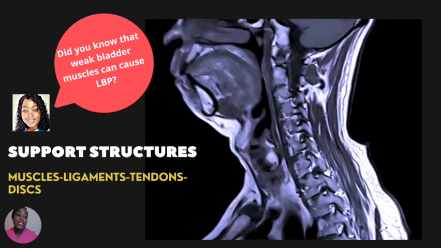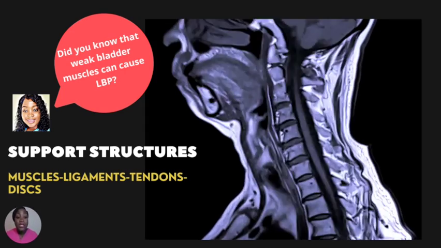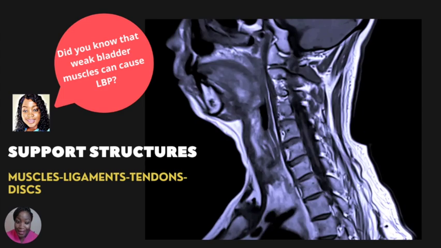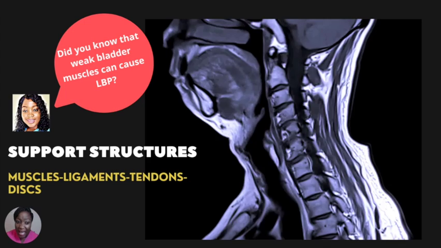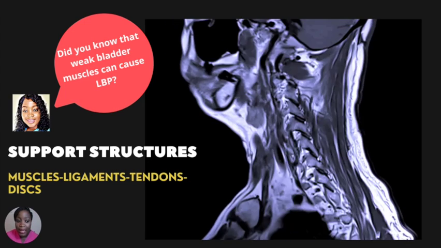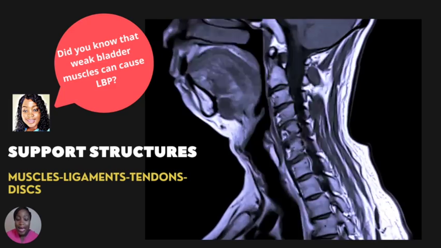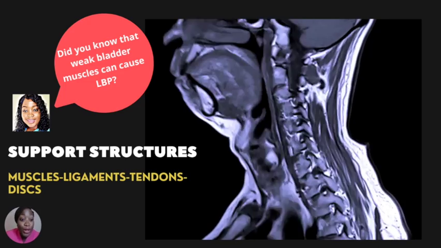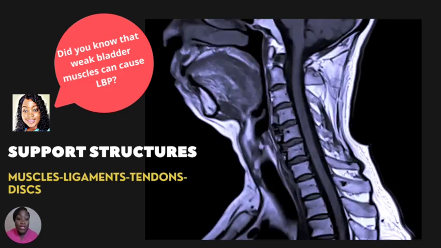There are many different structures that help to support the back, such as muscles, and it's not always just the muscles around the back. Did you know that weak bladder muscles can affect lower back pain? That's just to give you an idea of how interconnected the body is, and how many different types of muscles, sometimes not even close to the spine, all work together to improve your spine health.